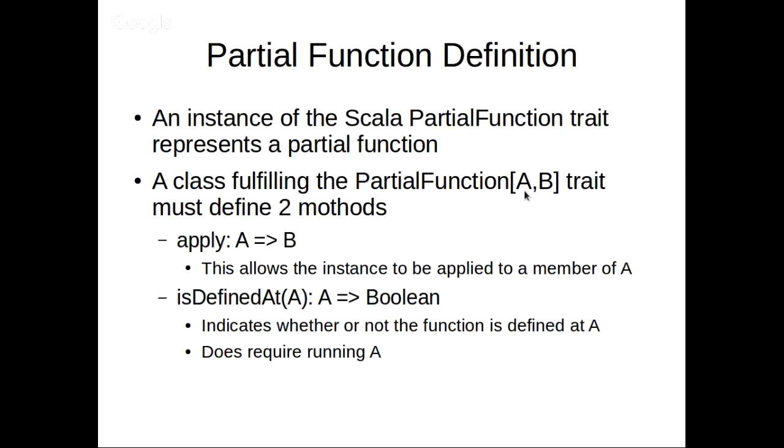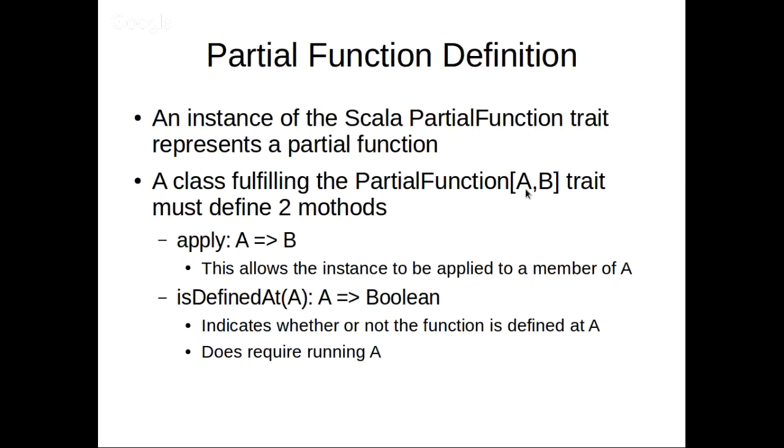It's a topic we haven't had time to cover specifically, traits, but they are useful for classes that can be mixed into things. And a PartialFunction of A comma B, where A and B are types, is type parameterized by the 2 types involved.